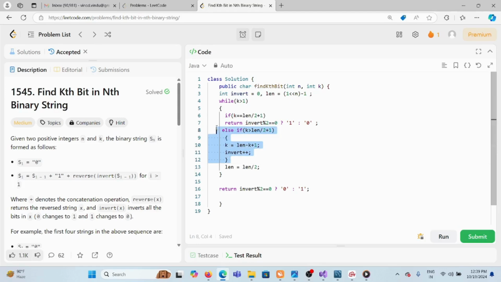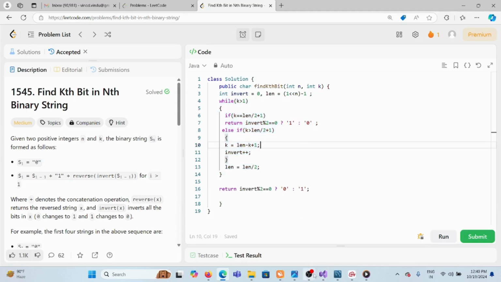So we are looking at these two values, and every time we are doing length equal to length by 2. Then we will check again. Whenever this condition is true, we return accordingly. But this is a midpoint, and the midpoint is only anchoring for the value started with the 1. Now when we are coming out of this loop, there could be a possibility.